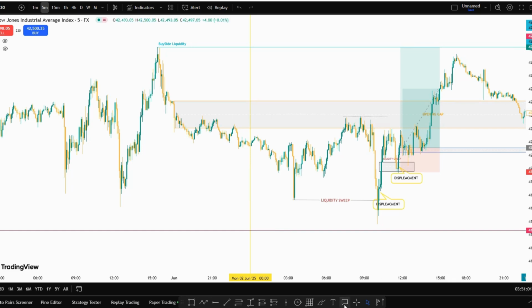So what price has done is it failed to take the high, and it created more liquidity to go and sweep, right?